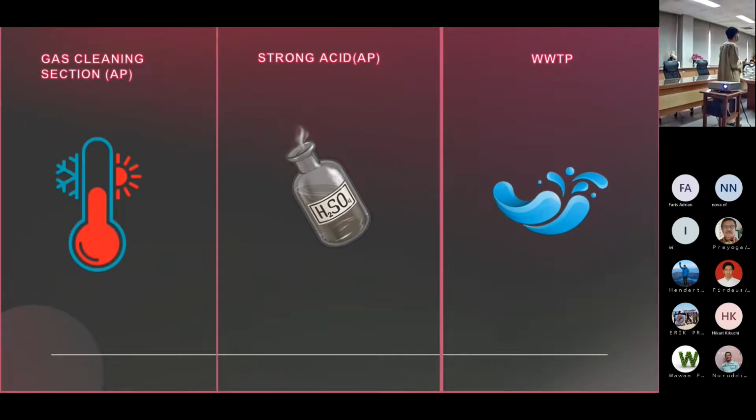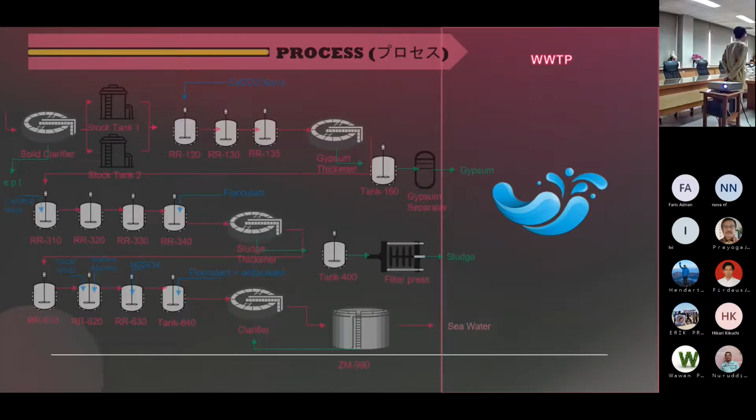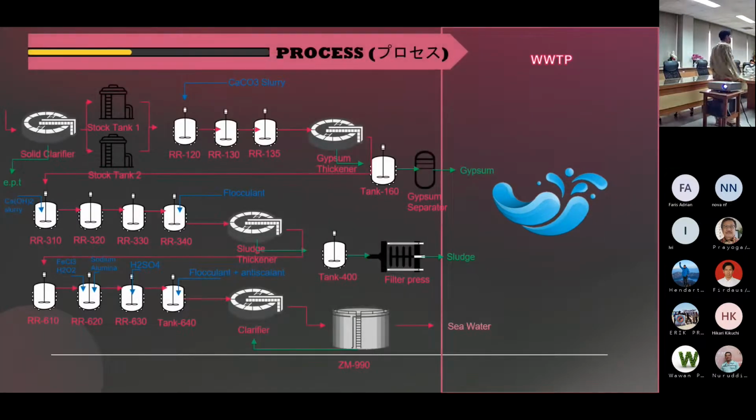Because acid plant describes the disposal of waste in the form of gas, but WWTP describes the disposal of waste in the form of liquid in the environment. So WWTP is targeted to make water that can be discharged into the sea environment.